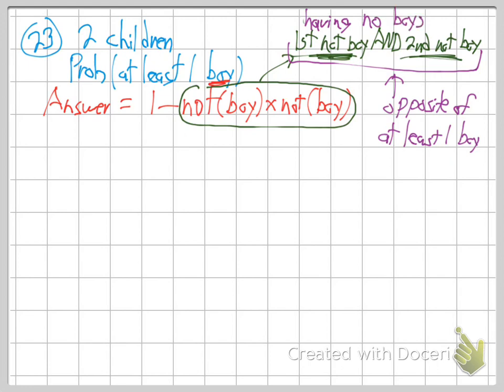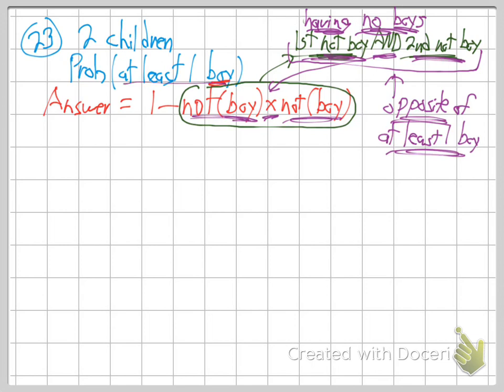And what's the chance you're going to have no boy? Well, the first one's not a boy and the second one's not a boy. So first one not a boy times, and always means times, the second one's not a boy. That's having no boys. But that's the opposite of what they're asking.